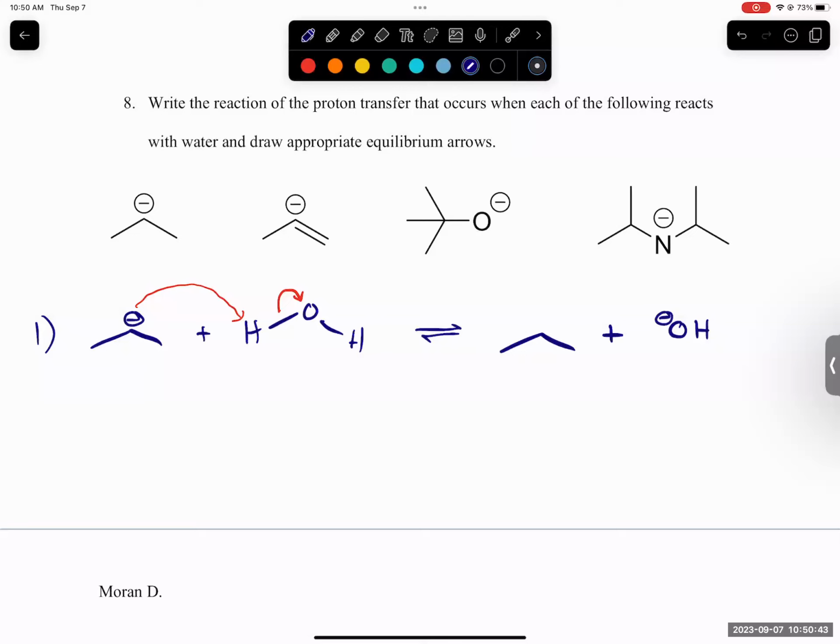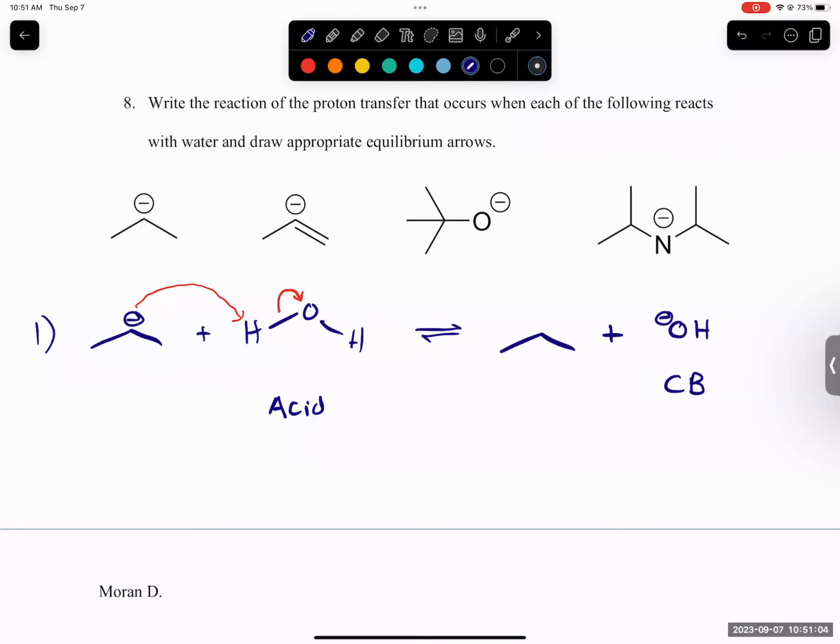Water is one of them. So this is our acid, and we know our acid forms our conjugate base. Okay, so this is our conjugate base.